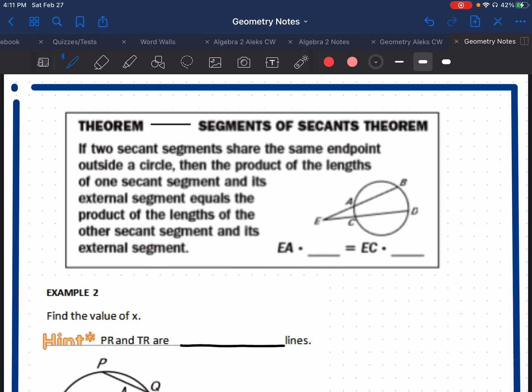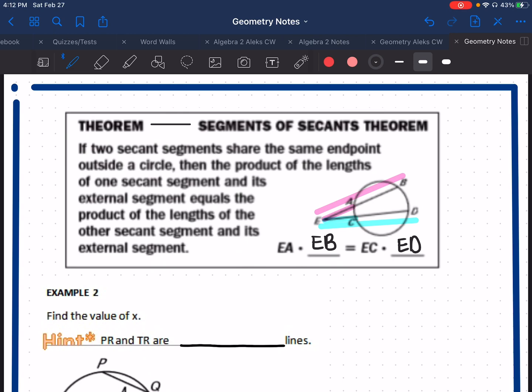All right, that's a lot of stuff. Let's go ahead and take a look at it, and let's use our highlighter to help us out. EA is right here. What this theorem is saying is if I multiply EA times the whole secant EB, then it is equal to the other secant, the segment EC, that's the external part that they keep talking about, times the whole secant ED.